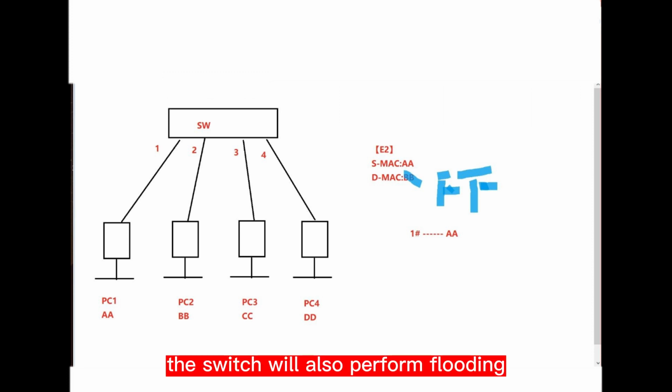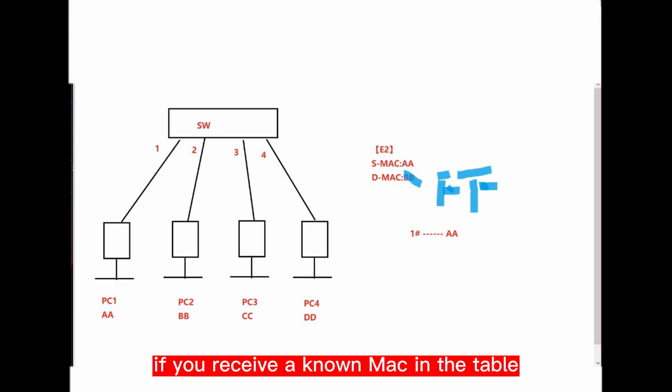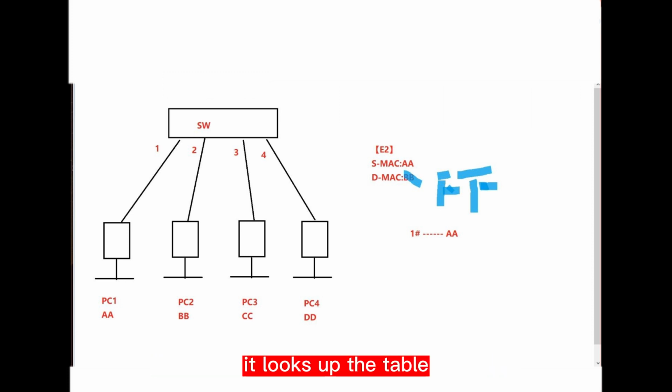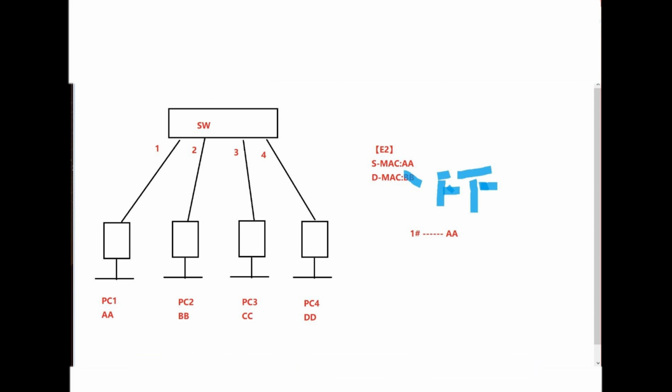The switch will also perform flooding, but it's not mindless flooding like a hub. Receiving broadcast or unknown unicast will cause flooding. If it receives a known MAC in the table, it looks up the table and forwards. So this is one of the places where switches are better than hubs.